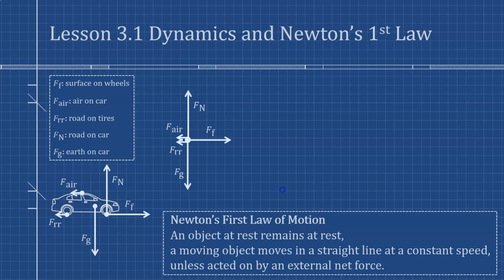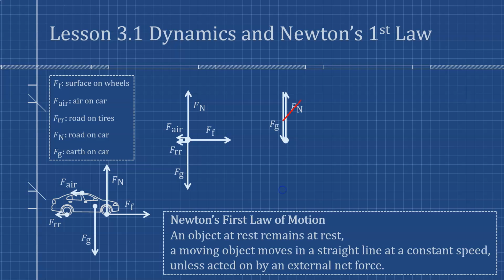So I'm just going to start by putting my center point and then my normal force and my gravitation force. And notice what happens with these two forces. The normal force points up a certain amount with a certain magnitude. The gravitation force is downward, and they have the same magnitude as each other. So notice that when I add these two, it takes me back to the spot where I started.